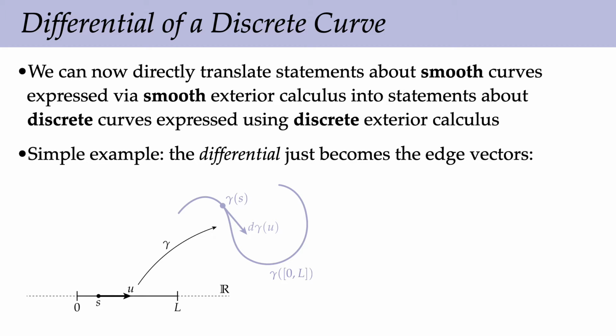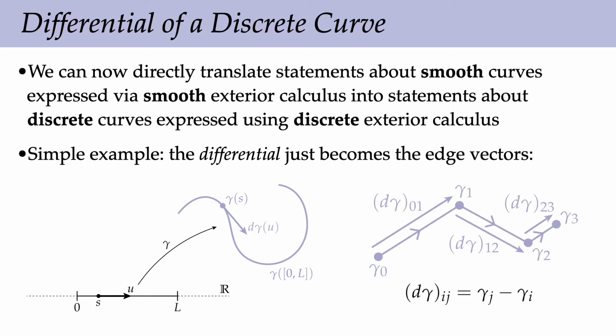It says, well, I just take differences of values, of zero form values, along edges. Okay? So the discrete differential of our discrete curve is nothing more than the difference of two consecutive vertex positions, or in other words, it's the vector that points along the edge. Okay, so hopefully that's fairly natural. If I integrate the differential along an edge, I get the vector that points along that edge.